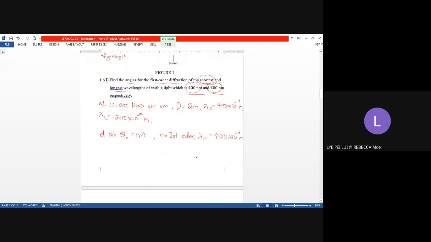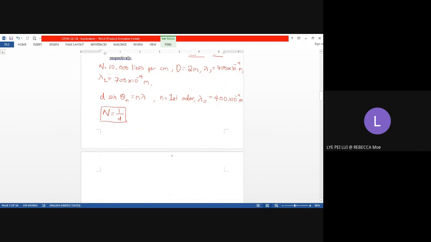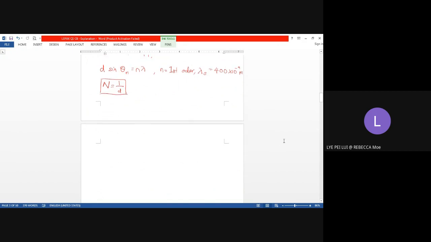Determine the line separation first. I have the n, and the equation for lines per meter, lines per cm, or lines per mm. This is the equation to determine it.